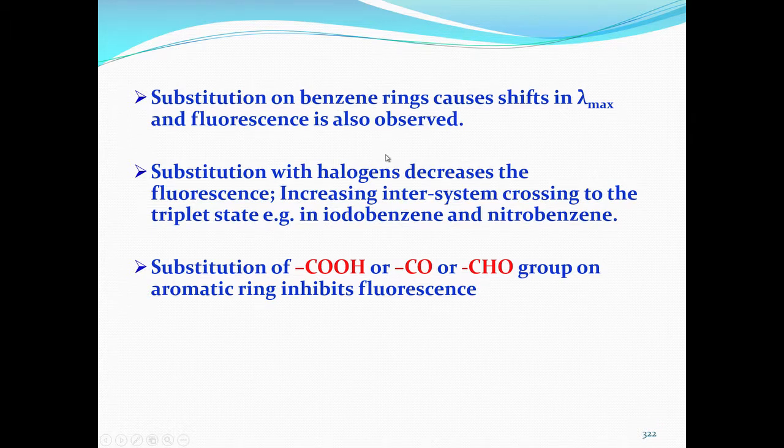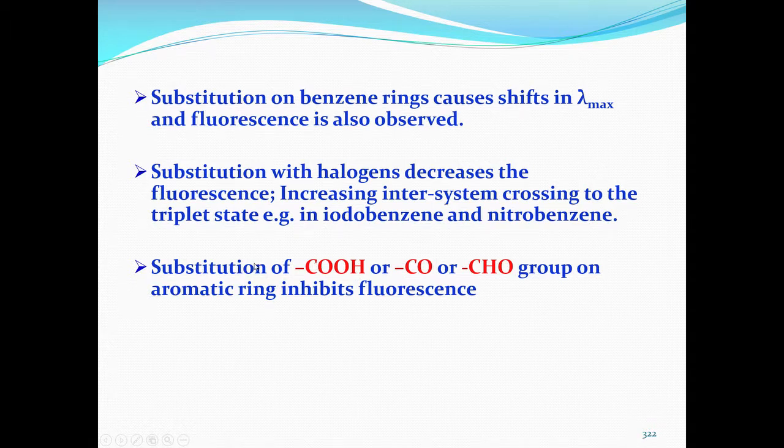Halogens have a large number of electrons and orbitals, so intersystem crossing will be possible. The chances of fluorescence decreasing with halogens are quite large, as intersystem crossing to the triplet state increases. These are very simple examples, iodobenzene and nitrobenzene, and in such cases fluorescence always decreases.